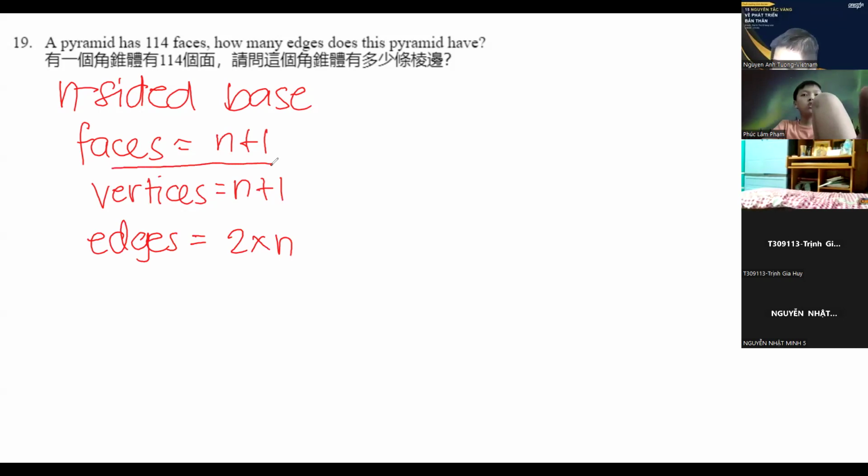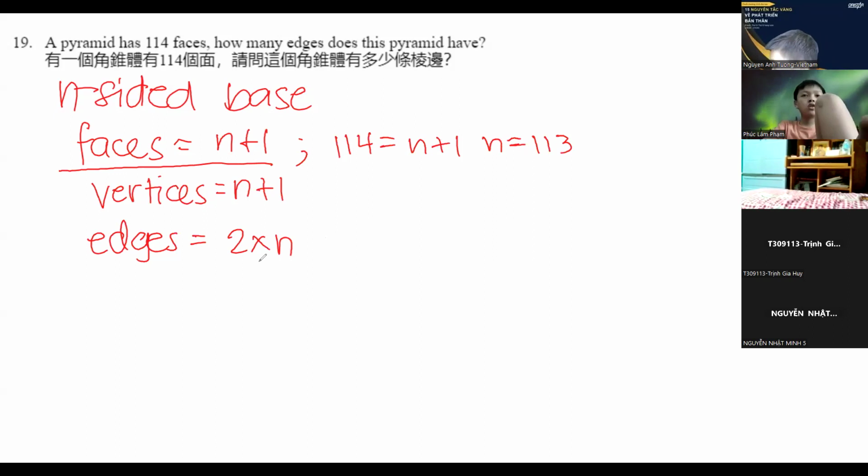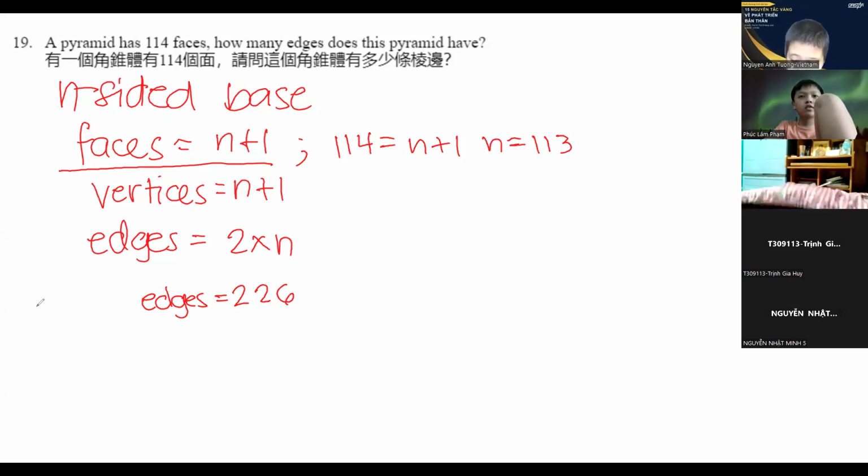So we are first given the number of faces, which is 114. So 114 is equal to n plus 1. n is equal to 113. Now we have the value of n. We just multiply it by 2 to get 226. And this is the number of edges. So are there any more questions for number 19? Okay, very good.